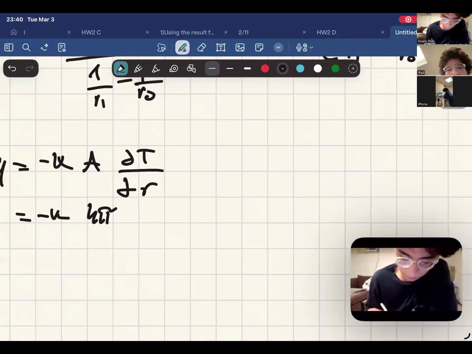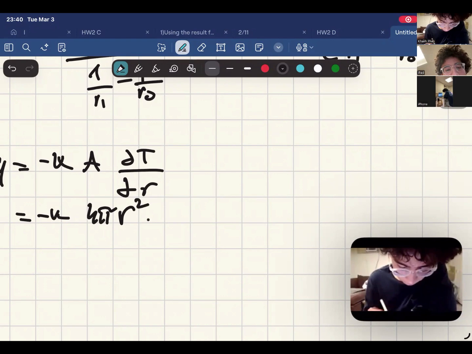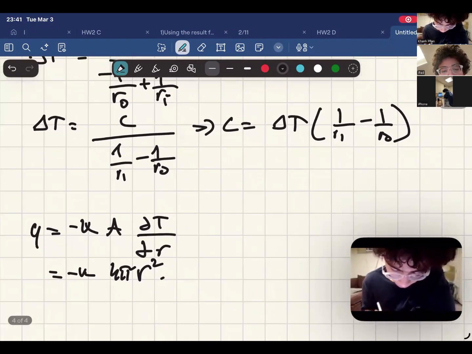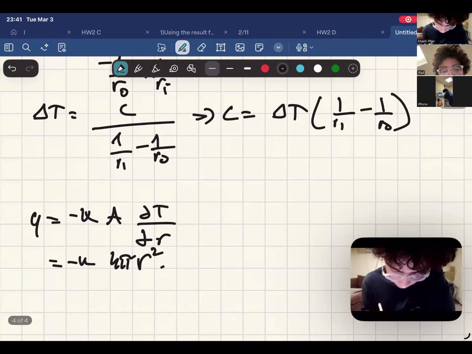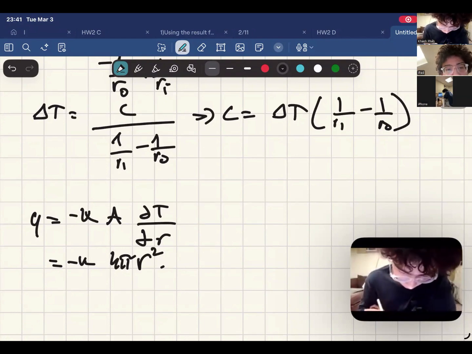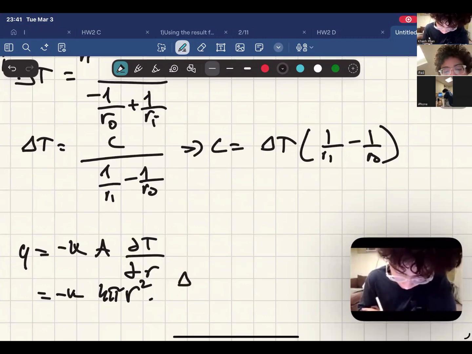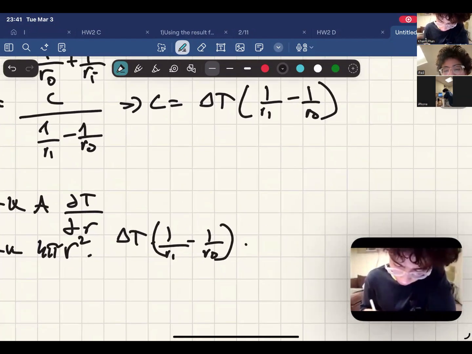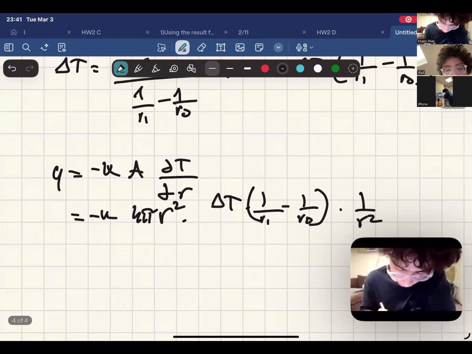So we would do 4 pi r square times dT dr. We just figured out that dT dr is equal to c over r squared, and c is delta T times 1 over Ri minus 1 over Ro, times 1 over r squared.